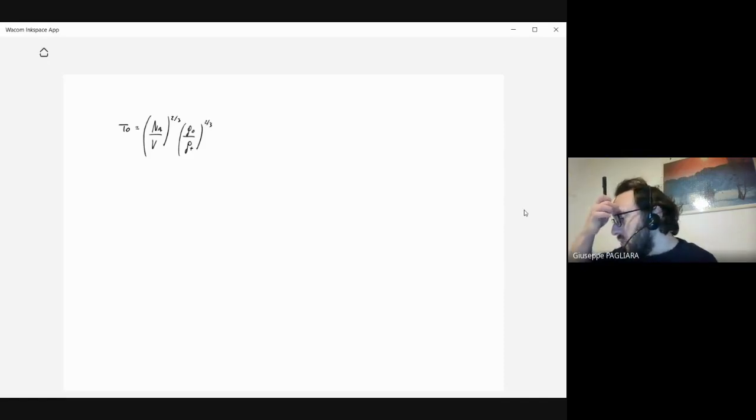Now let me introduce h and h bar. The relation is that h bar is h divided by 2 pi. So I can introduce an h bar squared c squared. Then I have a 2 pi m in the denominator, and then I have a 4 pi squared. Okay, where I'm multiplying by the speed of light in order to get the right dimension.